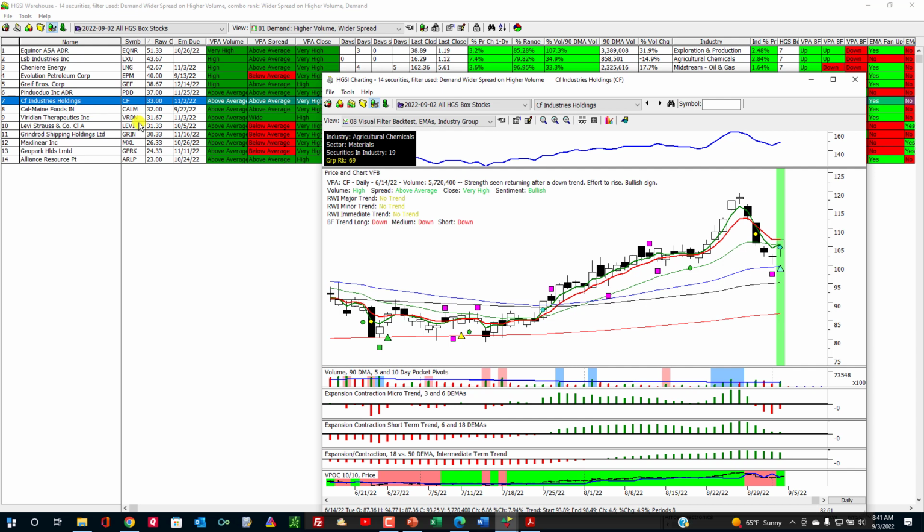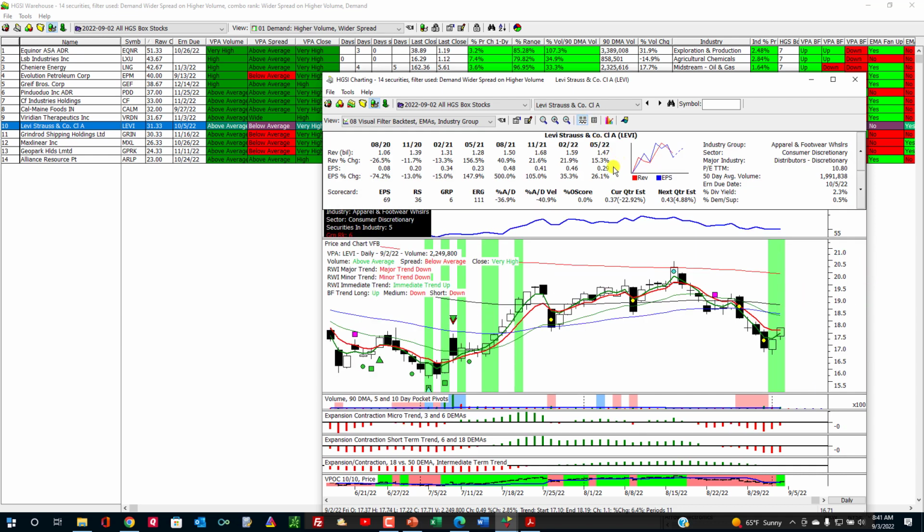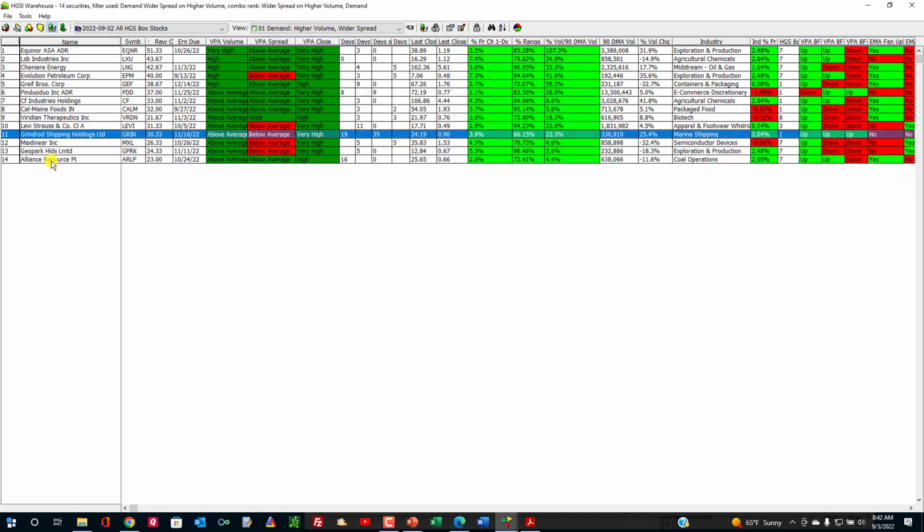Let's look at Levi. All these were demand scans, and it followed through. 2 demand scans here, Levi. So all these demand occurrences here, and then there's 2 more. This is, if the market holds together, this could be a decent trade here too.